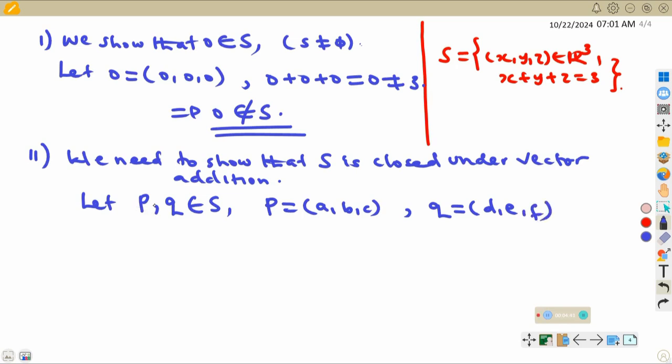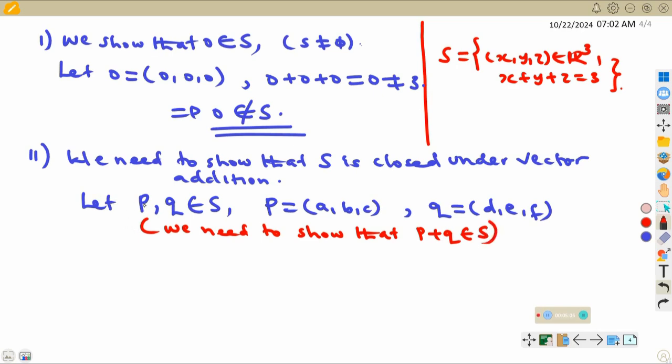So, what do we need to show? Here, what we need to show is that P plus Q is also an element of S. This is what we need to show.